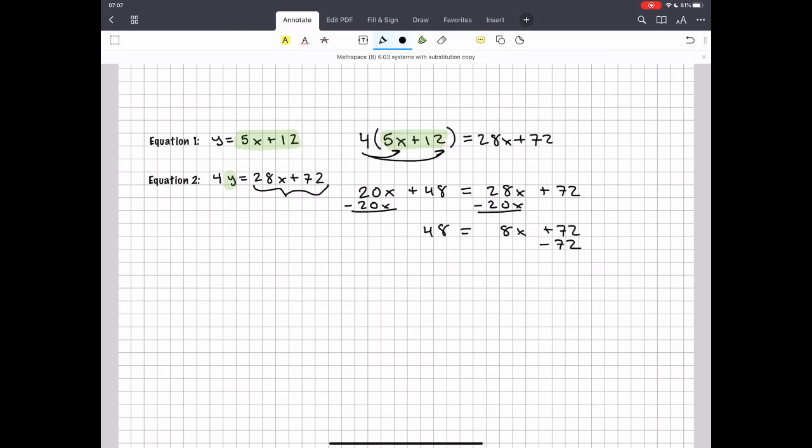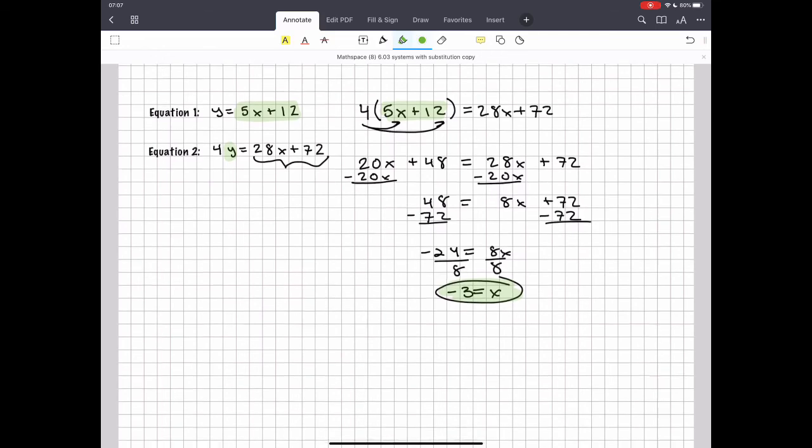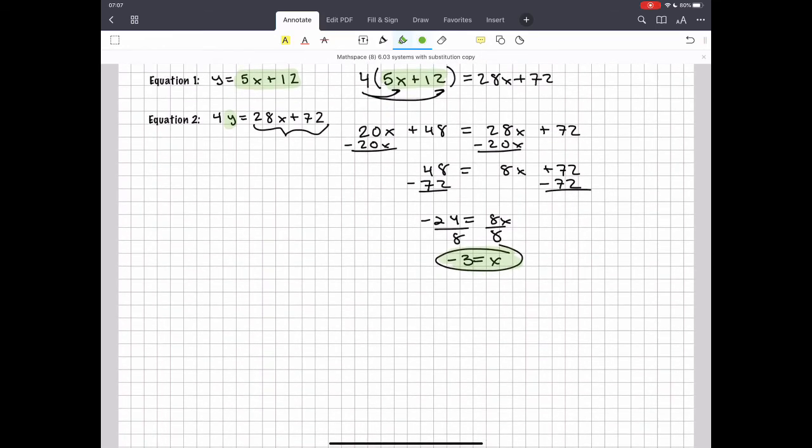Subtract the 72 from each side. And I'm left with -24 equals 8x. Divide by 8, x equals -3. There's my x value. I just now need to determine what y is equal to.